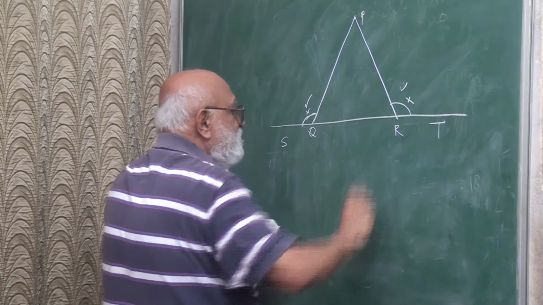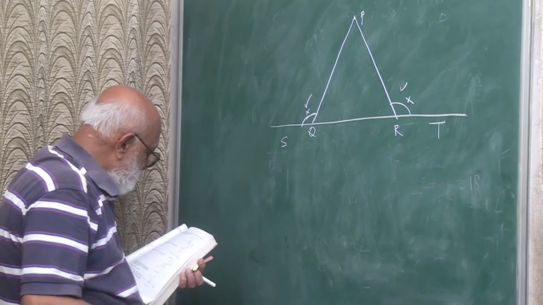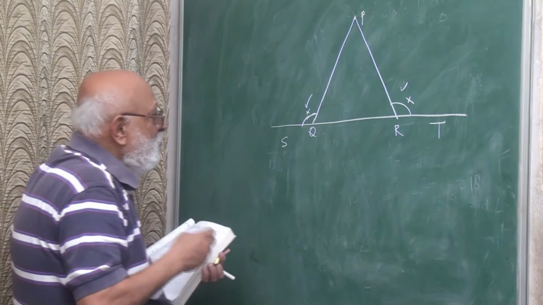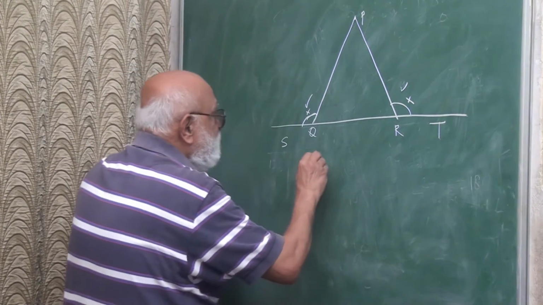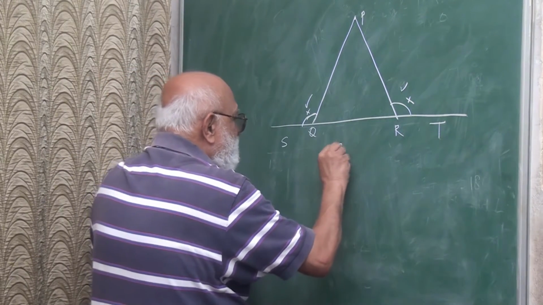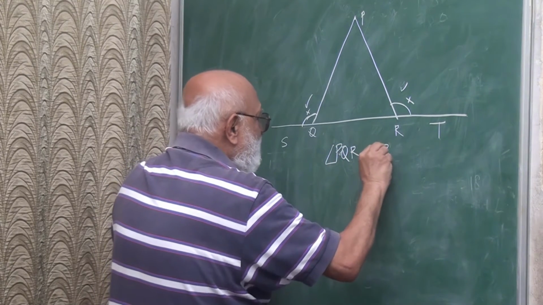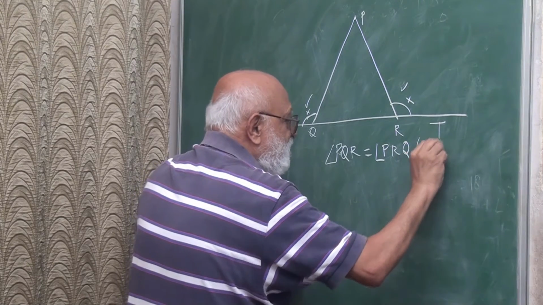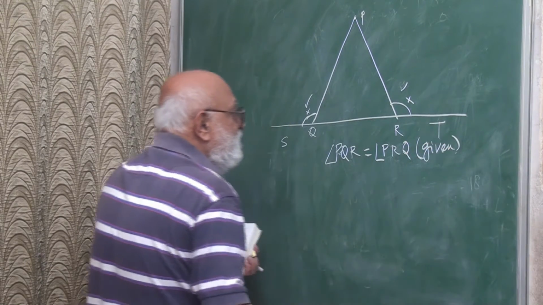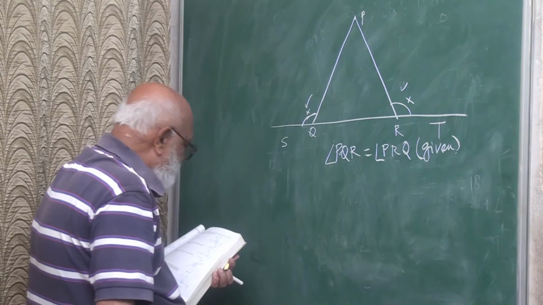Okay, what you have to prove? You have to prove these two angles are equal. It is being given PQR is equal to PRQ. This is given. I'm sorry, I have given the other way around, but this is given, and these are the two you have to show they are equal.